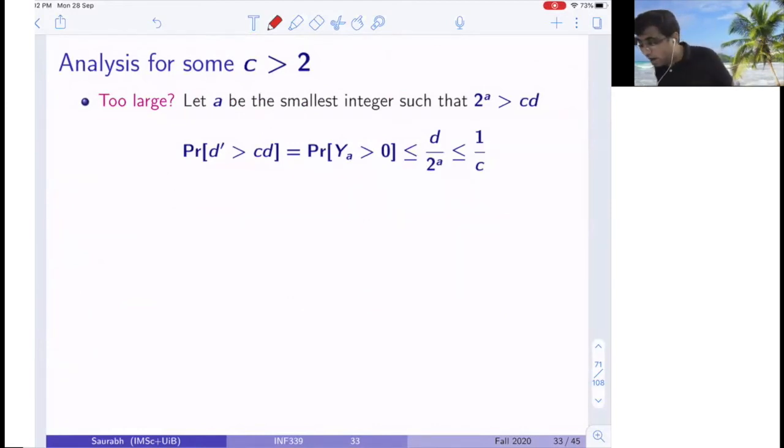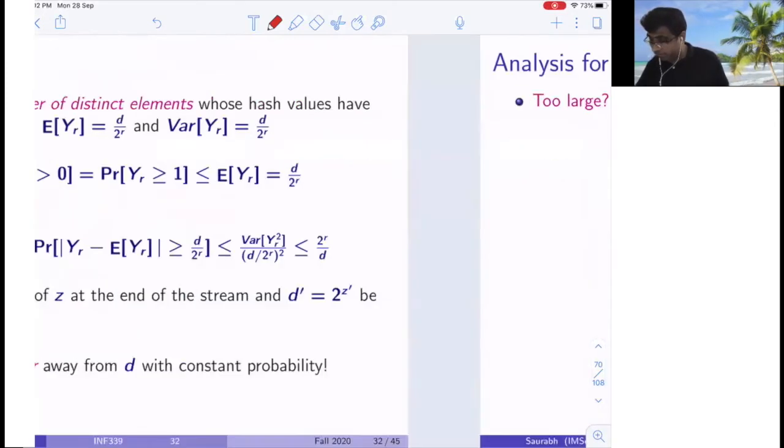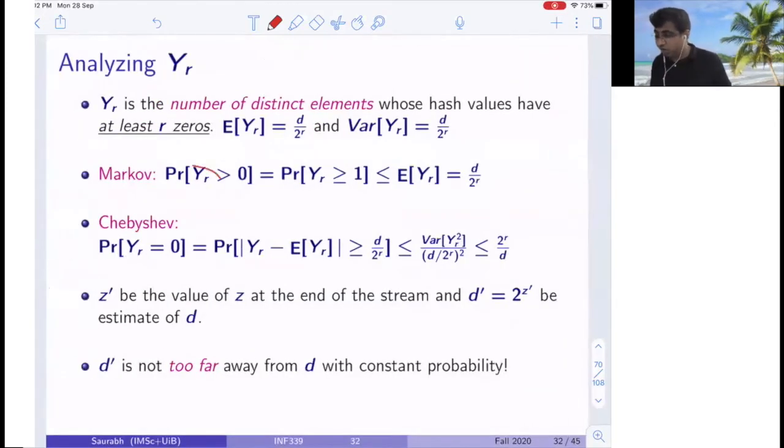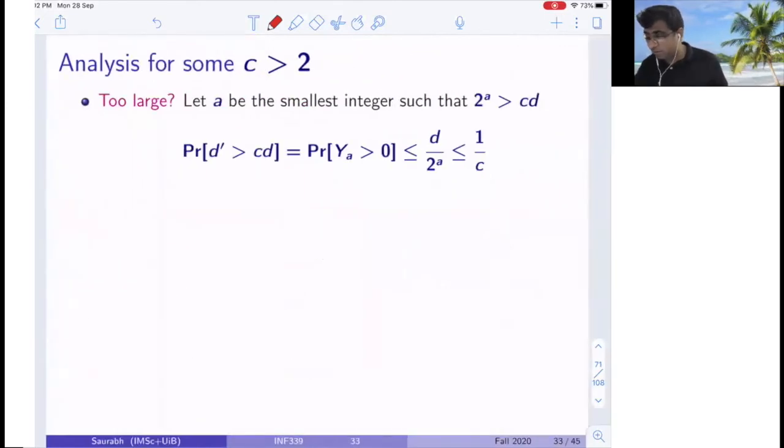It means ya is greater than 0. But what is the probability that ya is greater than 0? Well, we just applied Markov, and it is upper bounded by d over 2 power a. And what did we assume? 2 power a is greater than cd. So if you do the computation, you will get 1 over c.